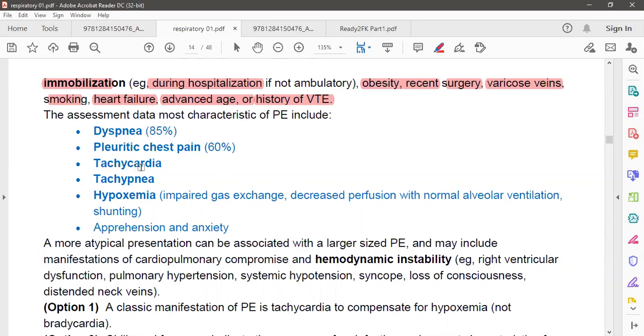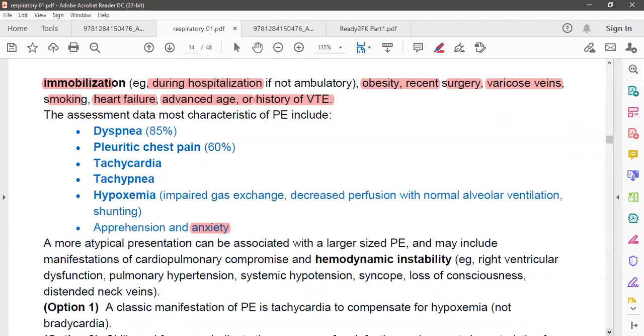The patient has tachycardia and tachypnea but hypotension: heart rate increases, respiratory rate increases, but blood pressure goes down. The patient develops hypoxemia, impaired gas exchange, decreased perfusion, and also anxiety or restlessness and cough.